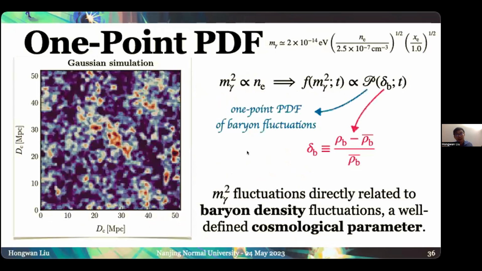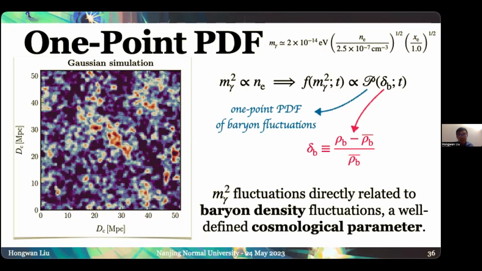And so now we can ask, what is this PDF of m_gamma squared? Like I said, m_gamma scales as something like n_e to the half, and so m_gamma squared is proportional to the number density of electrons. Sweeping some complications under the rug, this number density of electrons essentially scales as the number density of baryons.